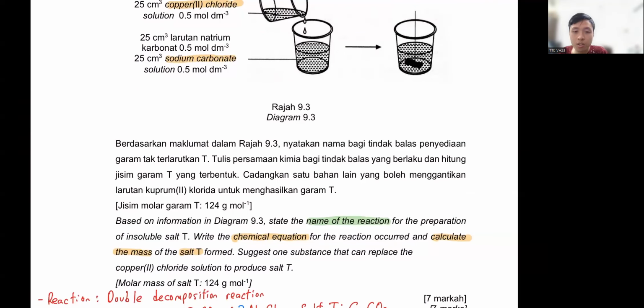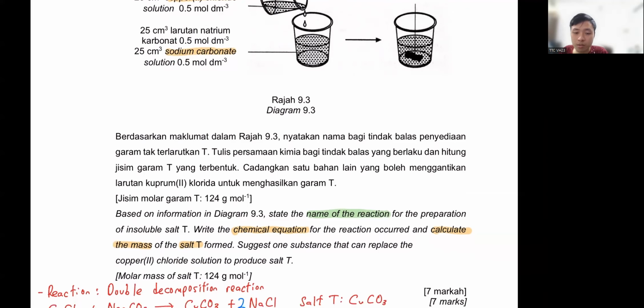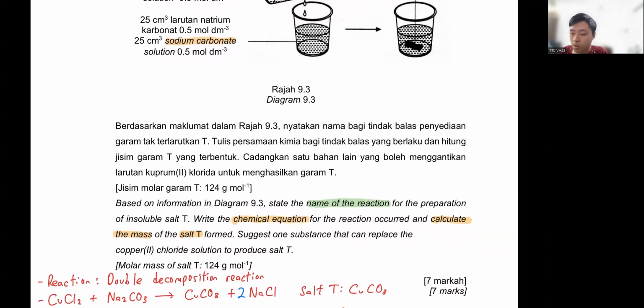How about the chemical equation? CuCl2 plus Na2CO3. What do you get? You get CuCO3, which is salt T, the insoluble one. NaCl is soluble because of Na. And you have to put 2 here for NaCl, because Na2 and Cl2 also need balancing.